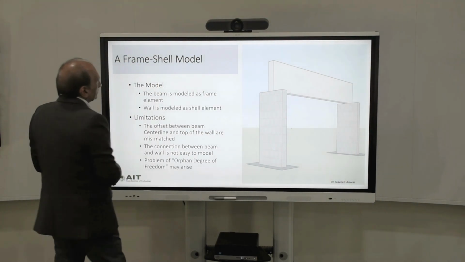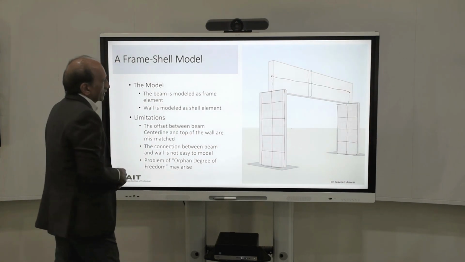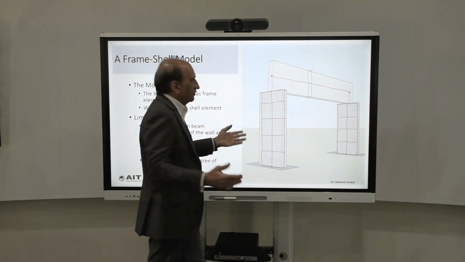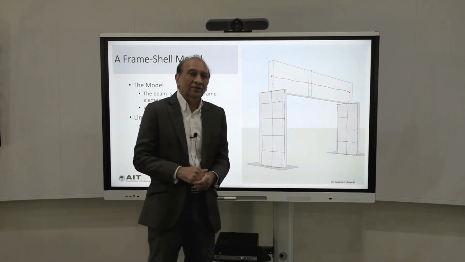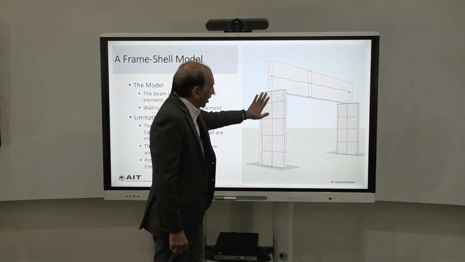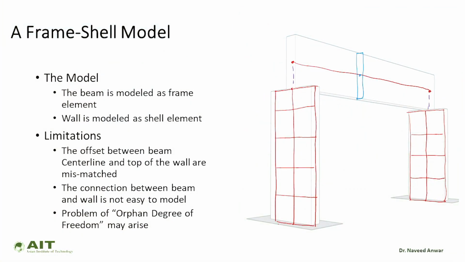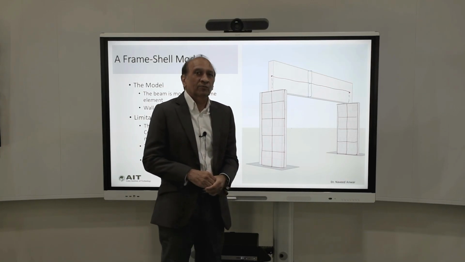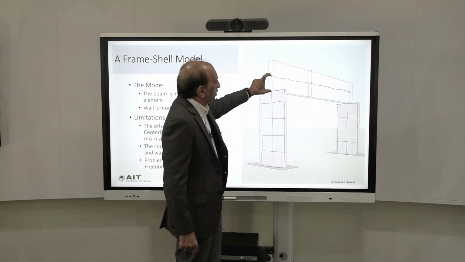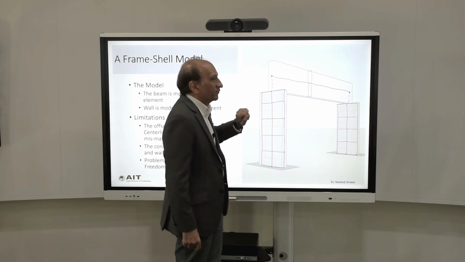Then let's go to another option, a frame shell model. Let's say if the wall is very long, we don't want to represent it by a column. We can create a shell model of the walls to make it more realistic. And we can represent the beam as a frame, and then we try to connect them. But that does not solve our problem, because there is still this difference between the beam center line and the top of the wall.